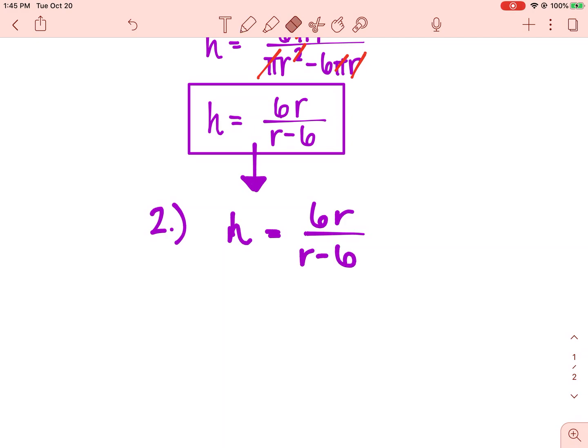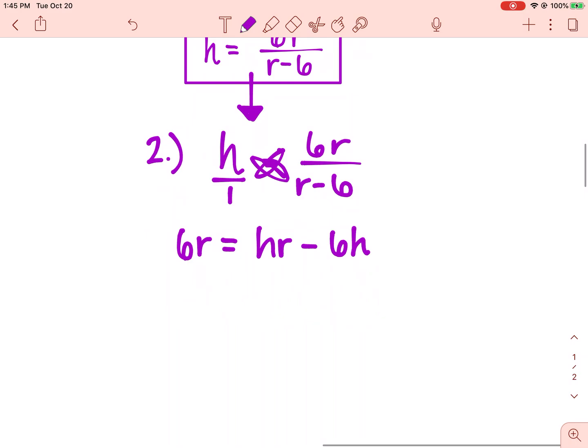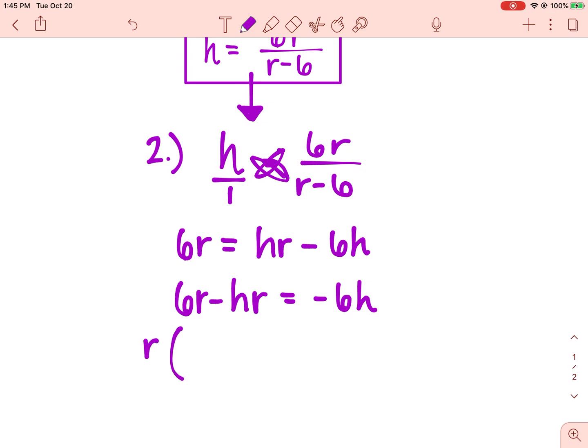Oh, you guys are probably like, yes, so much easier. Okay, I just want to solve for r. I'm going to put this over 1. Let's do a little cross multiplication action. Make sure you distribute the h to both terms. Let's get our r terms together. Factor out that r with my GCF that I love.